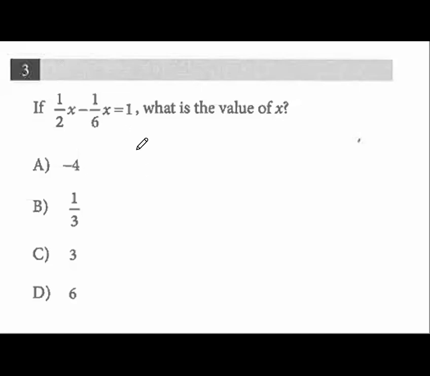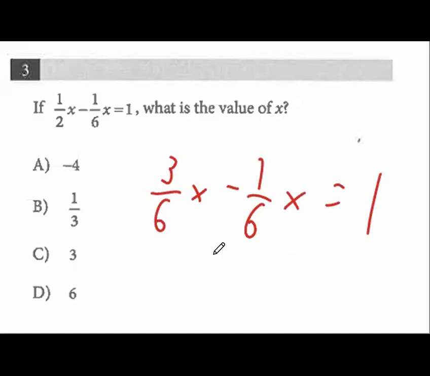Simplify fractions. This would just be 3 over 6x minus 1 over 6x equals 1. 3 over 6 minus 1 over 6 is 2 over 6. 2 over 6 simplifies to 1/3. So 1/3 x equals 1. What is the value of x? Well, 3 times 1/3 is equal to 1, so the correct answer is C.